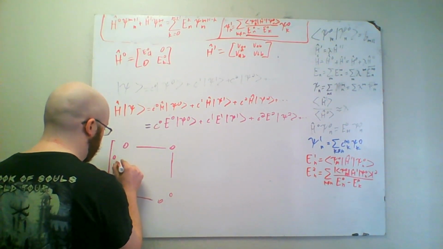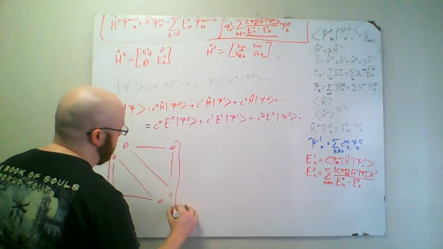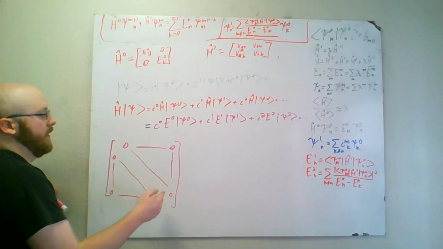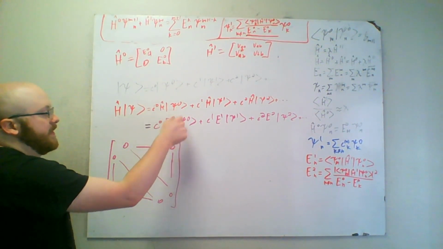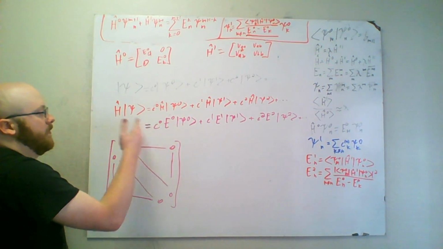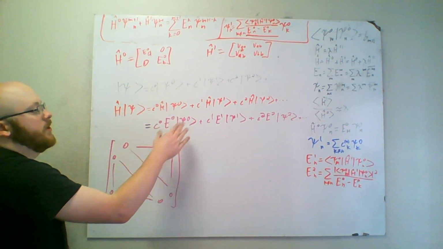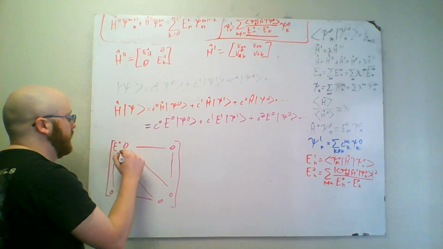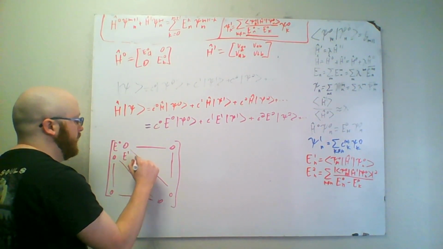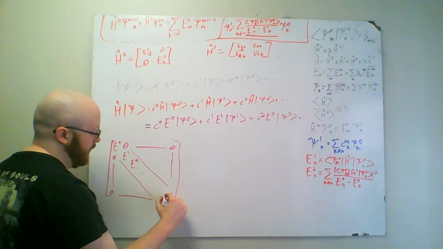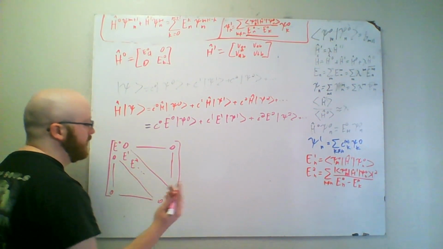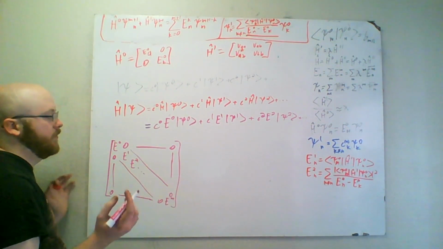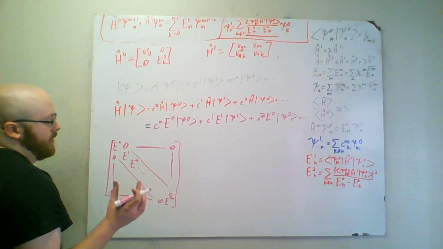The reason I can say that everything except the diagonal is 0 is that if I apply the Hamiltonian to this, it's still psi 0, it's just scaled up, right? So in this case, what you end up with for the Hamiltonian is E0, E1, E2, dot dot dot, and then E infinity if you have an infinite number of things, or you can just say En and let it go to infinity, or say it's just a finite number of terms.